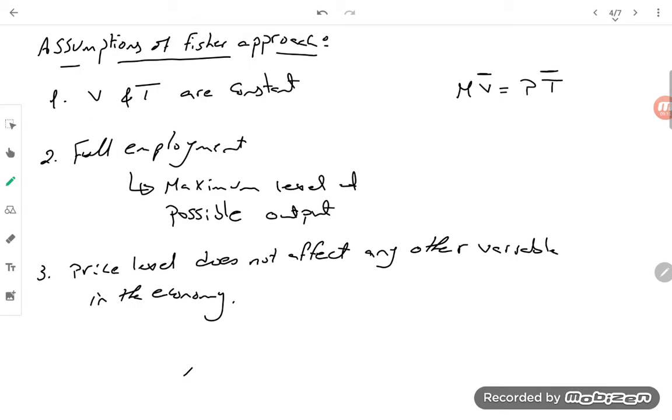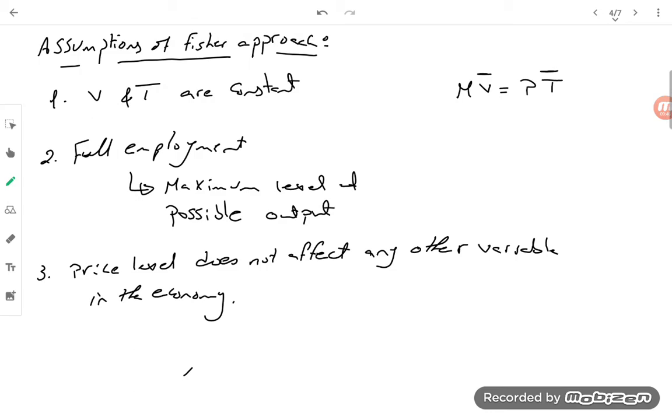So these are the three main assumptions. V and T are constants. Full employment in the economy, we cannot increase production anymore. And finally, price level doesn't affect any other variable.